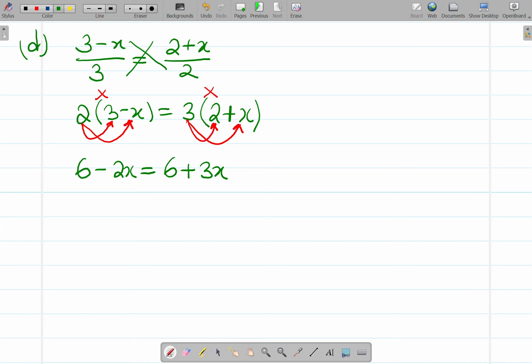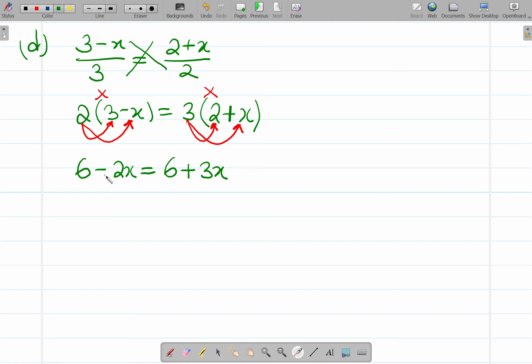Now we can collect the like terms. We permit those without x's to be on one side and those with x's on the other side. So I'll permit this 6 to come this side, and this 2x to cross the equal sign and come this side.